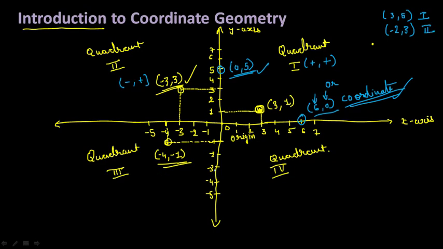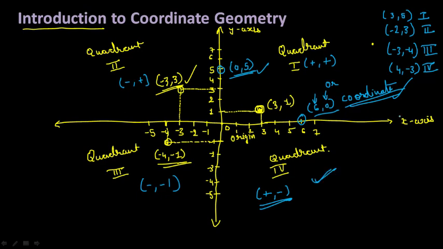For quadrant 3, if both the terms are negative, like minus 3 comma minus 2, that will lie in quadrant number 3. If one is positive and one is negative, positive negative like 4 comma minus, that lies in quadrant number 4. And if you have 0 as either x or y, then that will lie on either the x-axis or y-axis. You need to keep that in mind. So this is the basics of coordinate geometry.